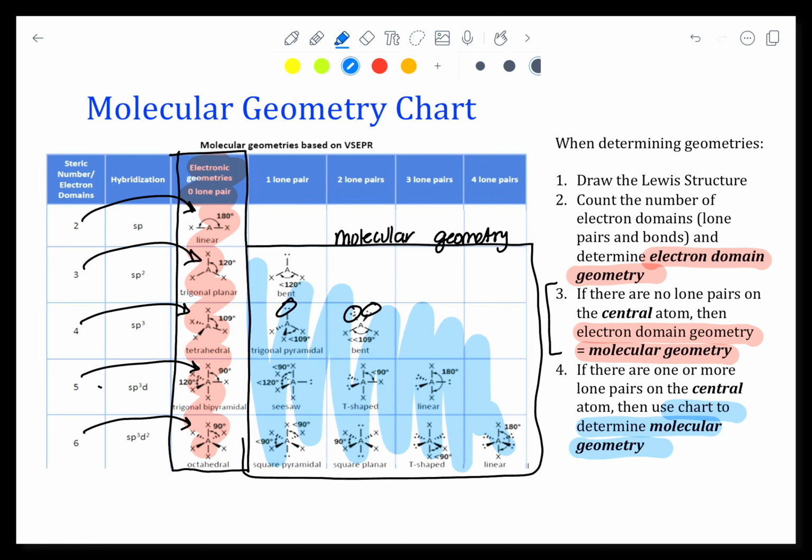So if you have lone pairs, you're going to want to look in that portion of the chart when I ask specifically for the molecular geometry. If we're asking for electron domain geometries, it doesn't matter if there's bonds versus lone pairs, it's not going to change the geometry. But if I'm asking about the molecular geometry, the lone pairs matter.